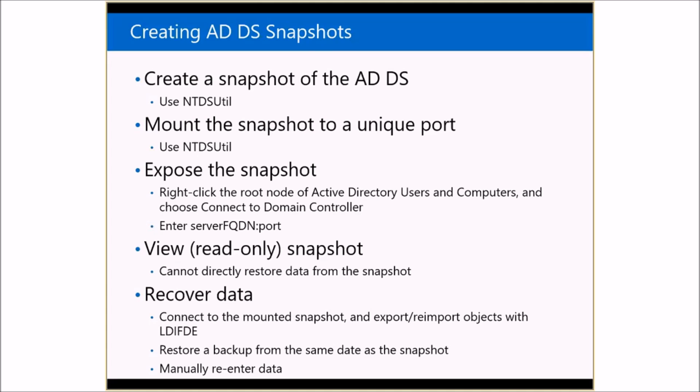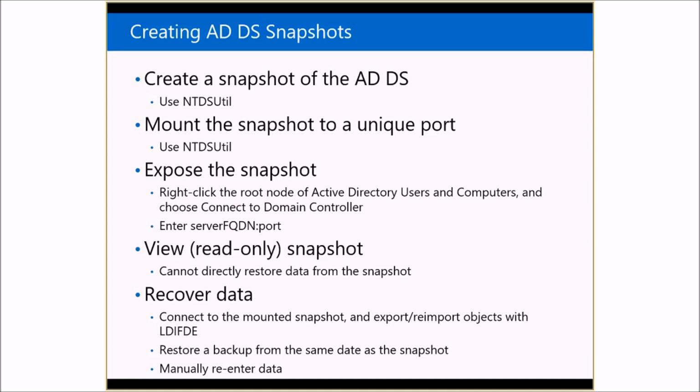We can create snapshots of the Active Directory database, like we mentioned, and we use Ntdsutil as a tool to do that. We can mount this snapshot. So basically, we have the regular Active Directory running, but we can also mount this backup snapshot over here. Then we can expose the snapshot.